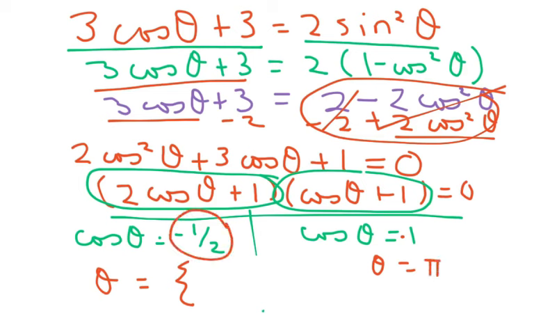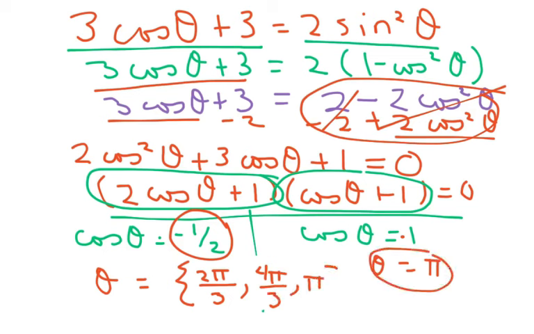For this one I have 2 solutions, which is 2 pi over 3 and 4 pi over 3. I'm going to go ahead and add this to my solution set in pi. So I have 3 solutions. So all I did was use identities to put it back in quadratic form so I could factor.